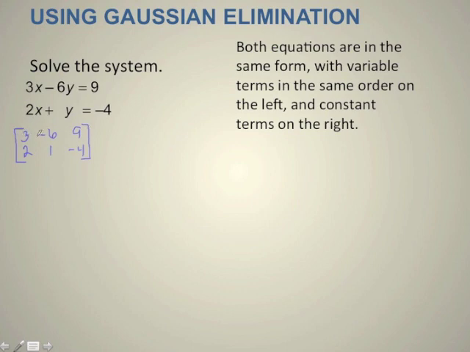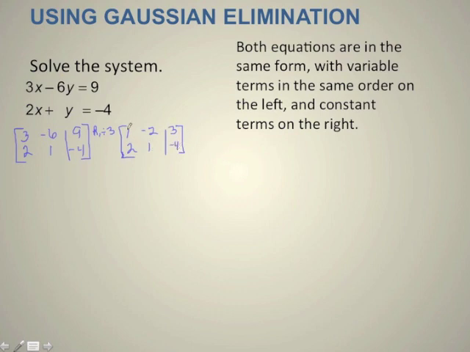And since I notice this whole row is multiples of 3, I'm going to take row 1 and divide it by 3. You should mark down what you're doing on each step. So that gives me 1, -2, 3. And then the second row is going to stay the same.